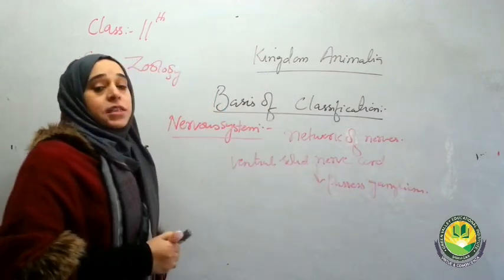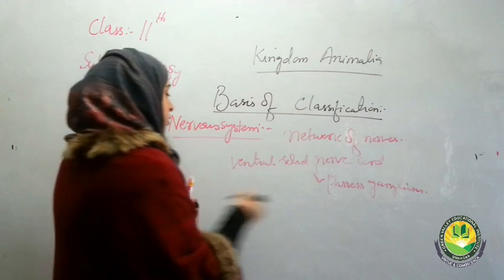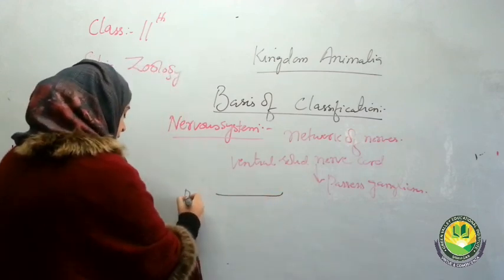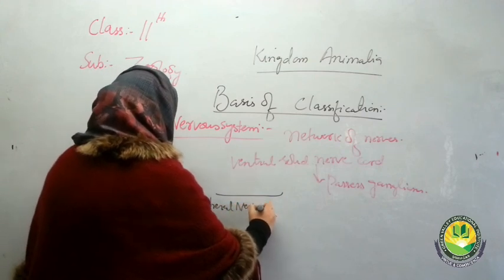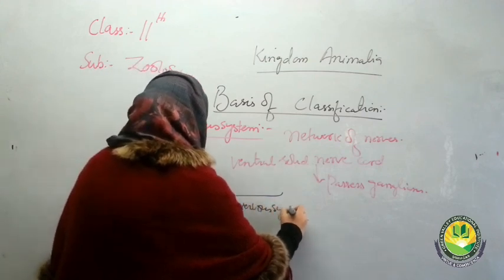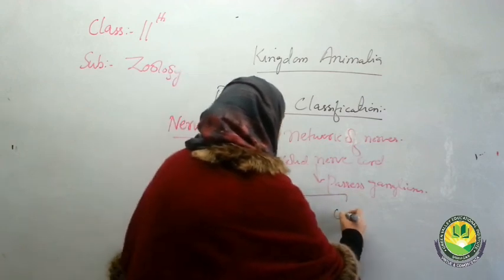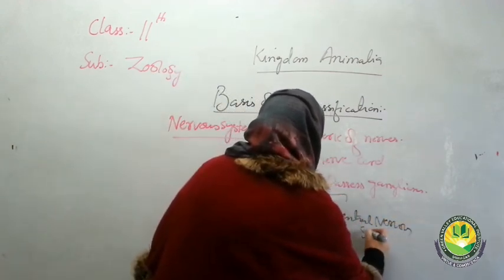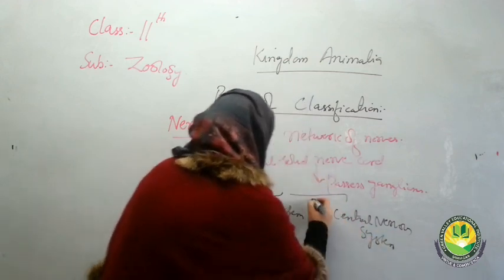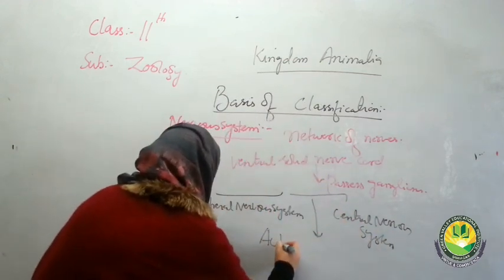And there are the advanced types of animals which possess three different types of nervous systems: the peripheral nervous system, the central nervous system, and the third one, the autonomic nervous system.